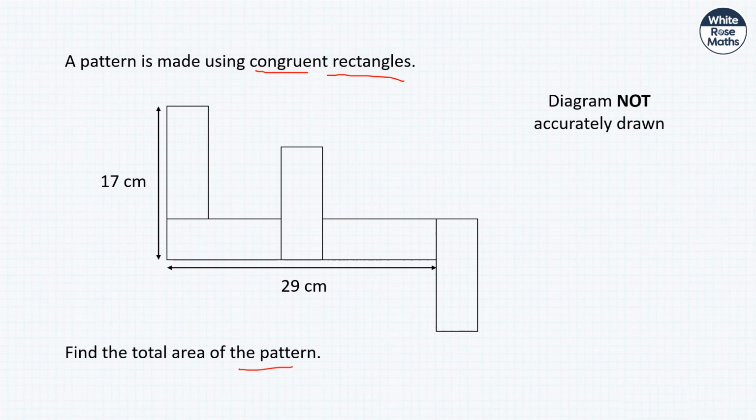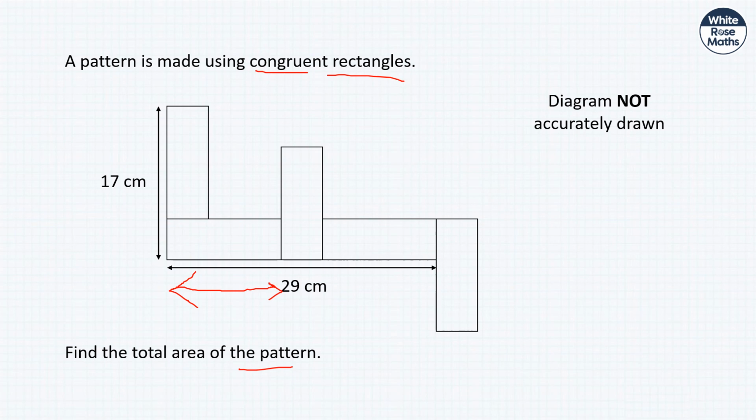So it's knowing our rules here. We want the length and width of one rectangle bar. Here, the height and the width make 17. And here, 2 heights and a width make 29.